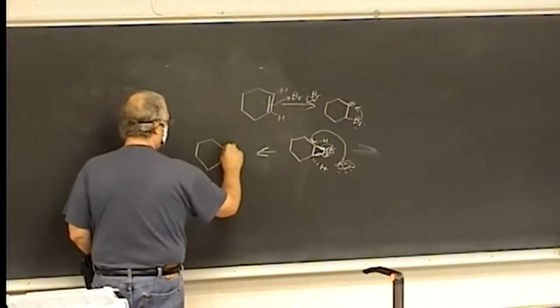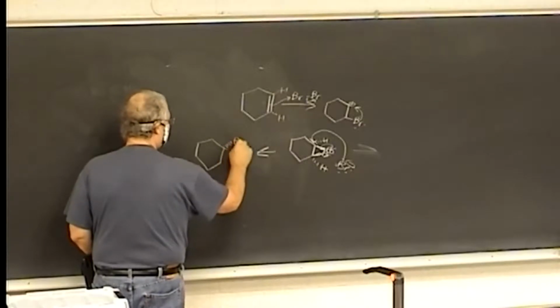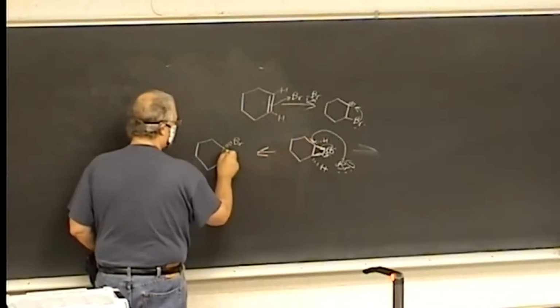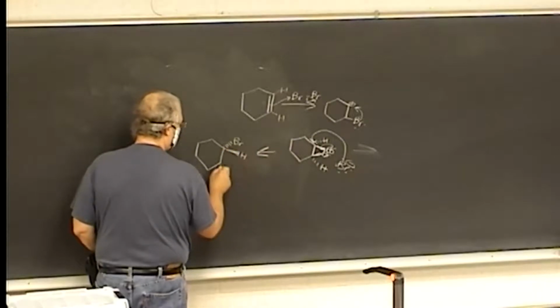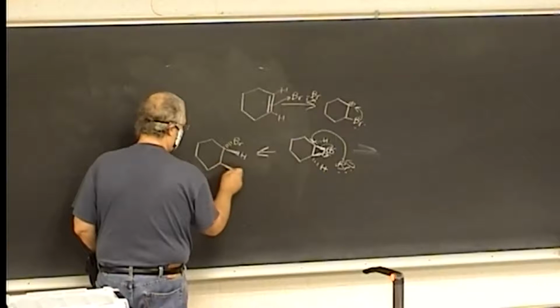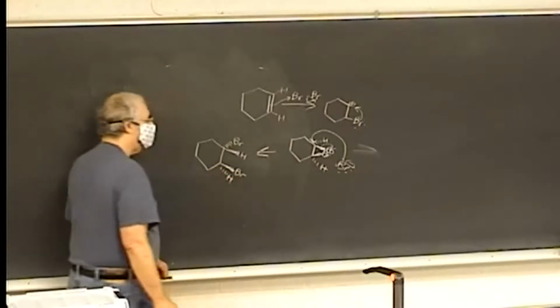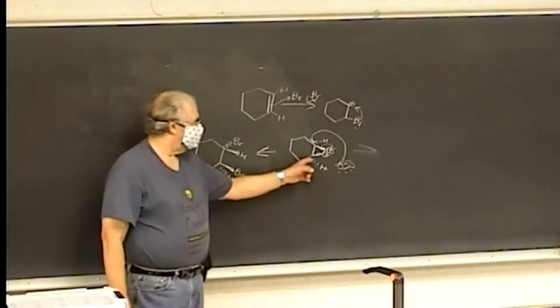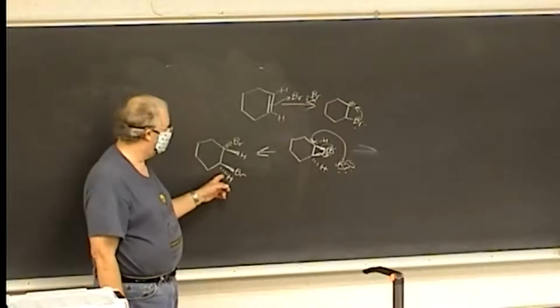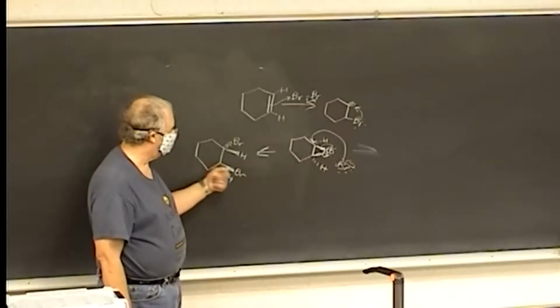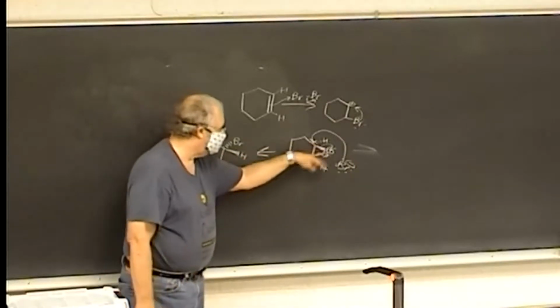So this bromide will attack from the back side. That's going to push this hydrogen forward when that happens. The configuration of this carbon won't change. Hydrogen will still be back. This bromine will still be forward. We broke this bond right here.